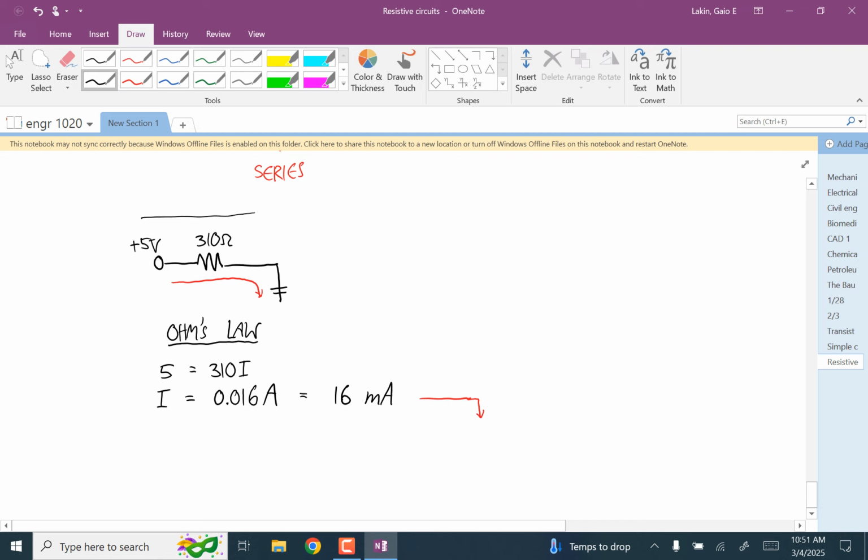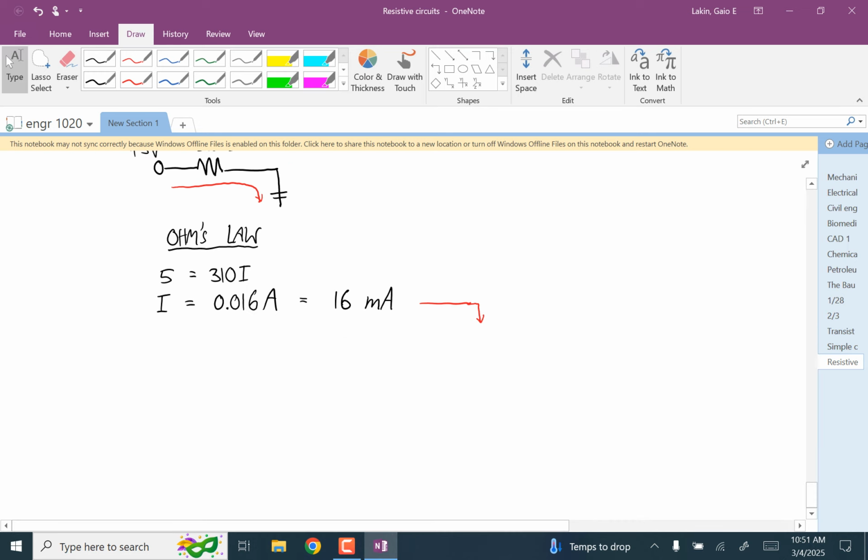Now we want to figure out the voltage across each of those two resistors. So now we'll re-expand it. We have the 220 there, the 90 there.